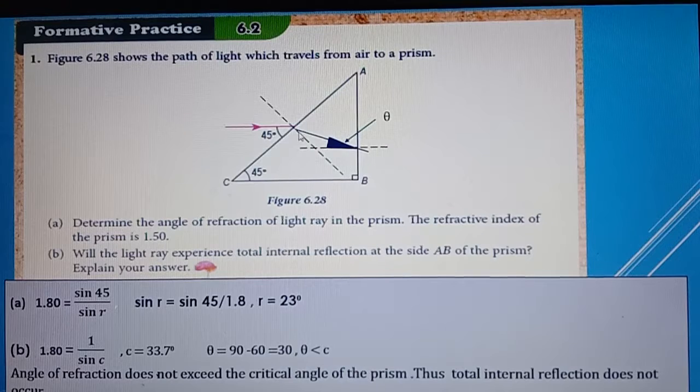The total angle here is 90, meaning here is 67. This angle is 45.